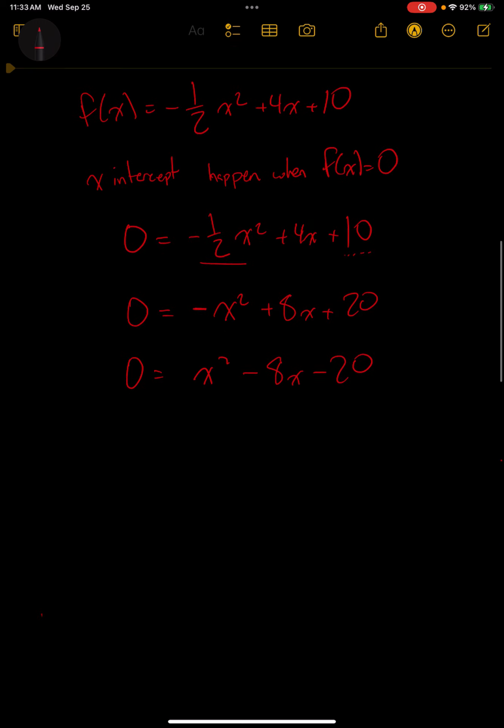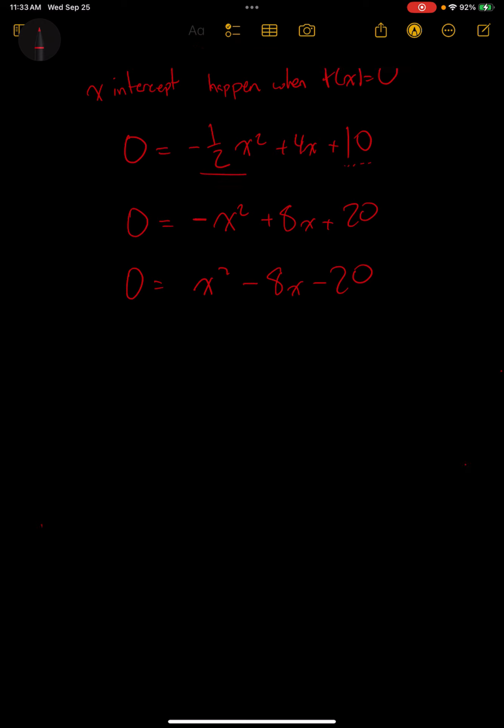Now, I'm going to go ahead and try and factor this. Are there two numbers that multiply to 20, 20 and 1, and I can add or subtract to get negative 8? Now, the truth is, 20 and 1 doesn't work. 10 and 2 does work, but to get minus 8, I have to have minus 10 plus 2. And minus 10 times 2 is negative 20.